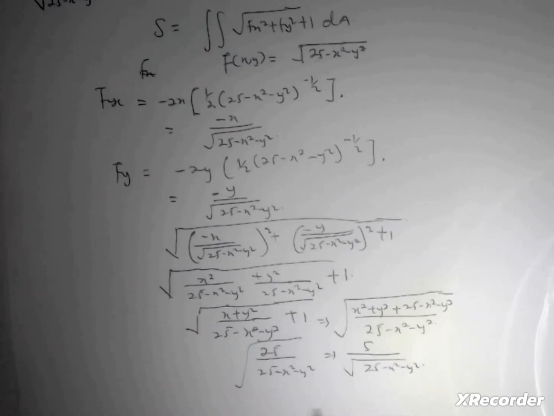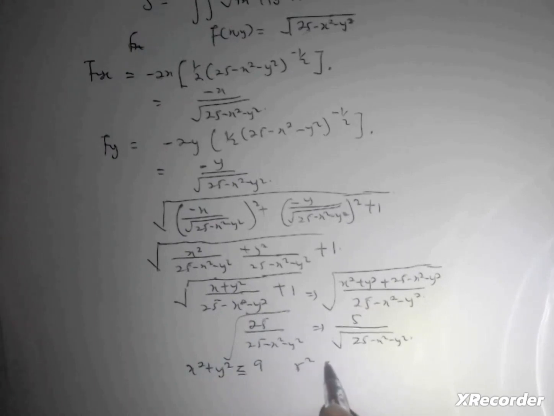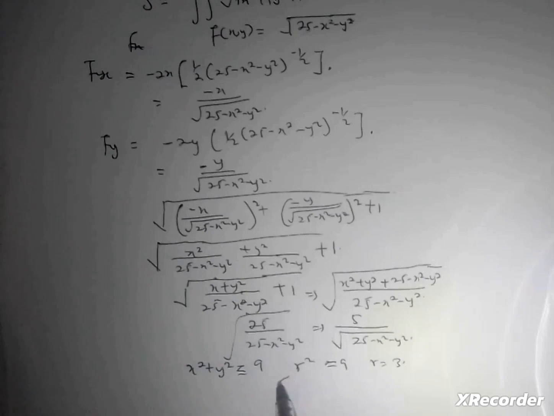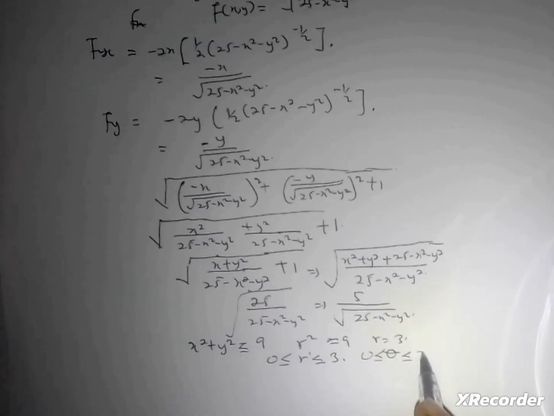I was given a disk which is x squared plus y squared less than or equal to 9. So my radius squared will be equal to 9. My r will be 3. So r is going to be greater than or equal to 0 and less than or equal to 3. Then for the disk, our theta is simply going to be greater than or equal to 0 and less than or equal to 2 pi.